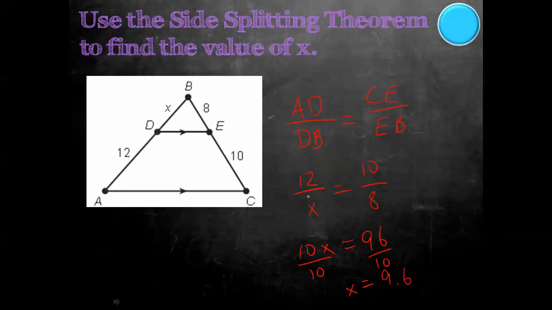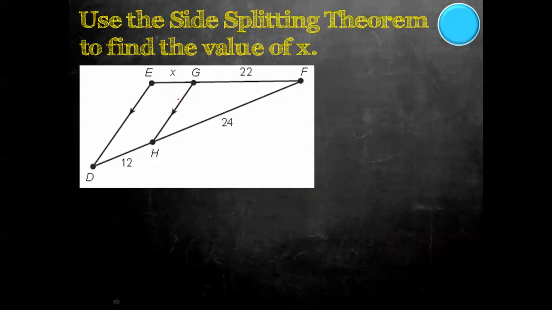And if we go back and plug this in, 12 divided by 9.6 is 1.25, and 10 divided by 8 is 1.25. So we know that that's correct, that x is 9.6, because now these sides are proportional.